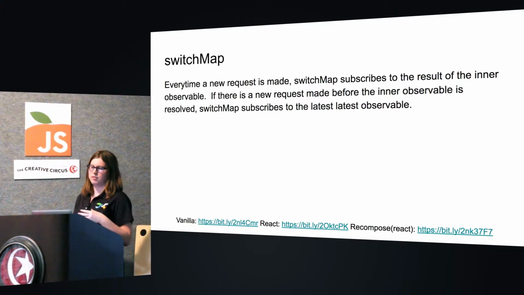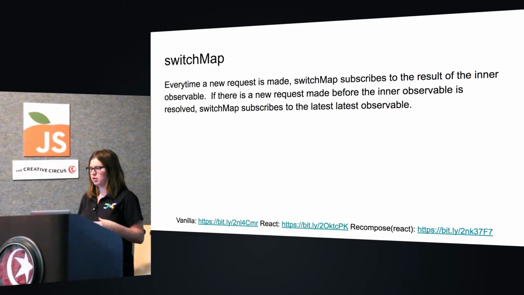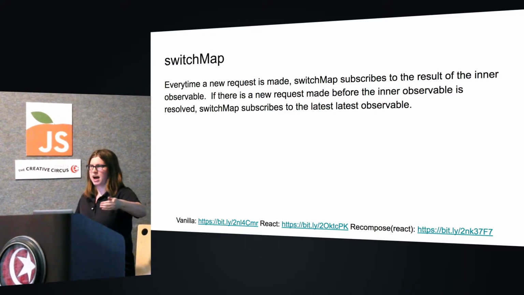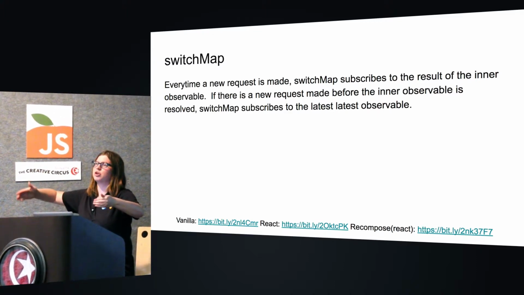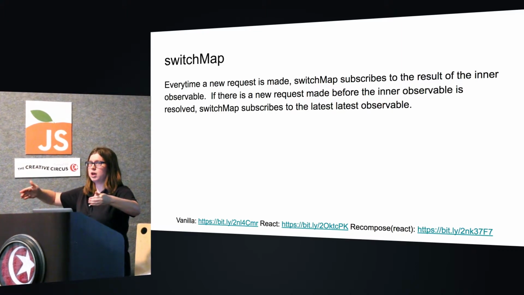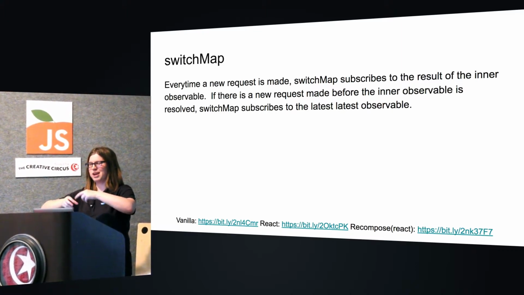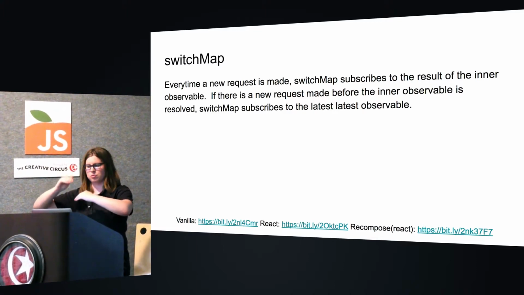SwitchMap, every single time a request is made, it takes in whatever is passed to it, and the callback returns an observable. And so SwitchMap subscribes to that inner observable, and I'll get to the code in a second to break this down a little bit more.